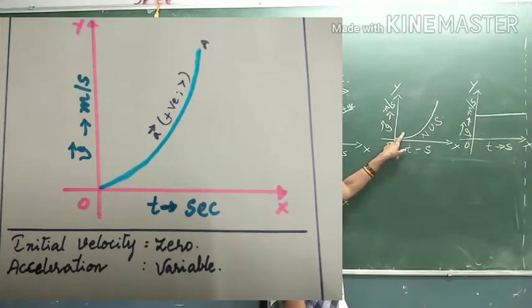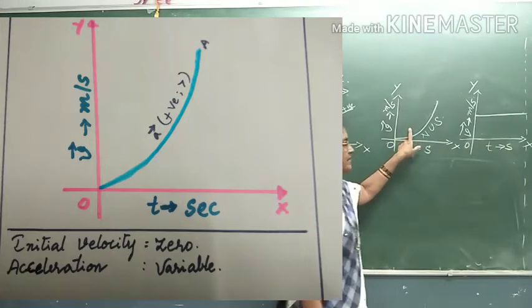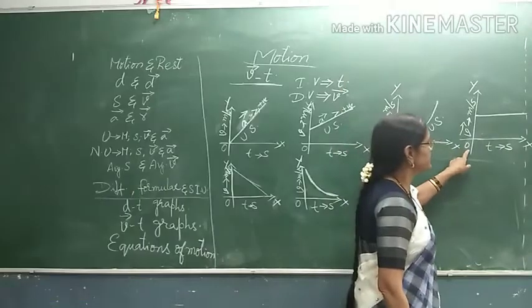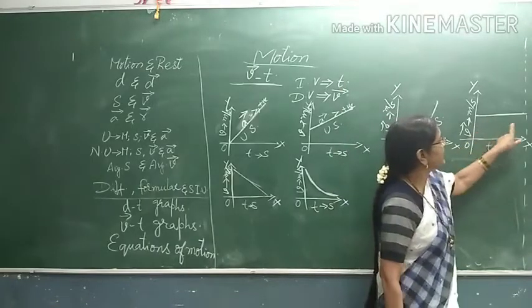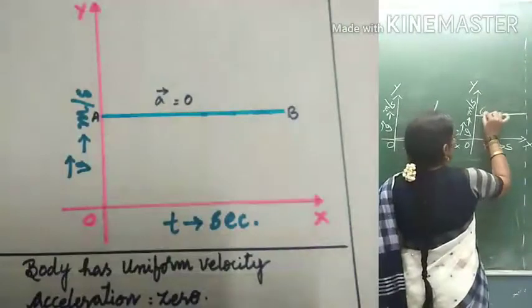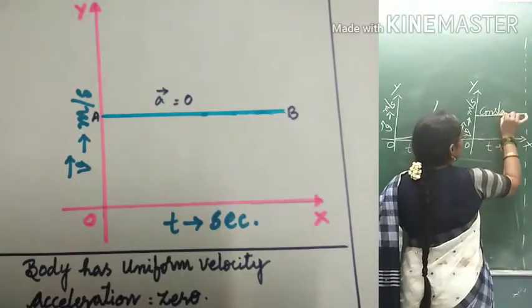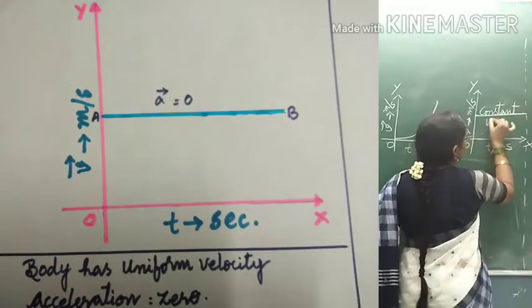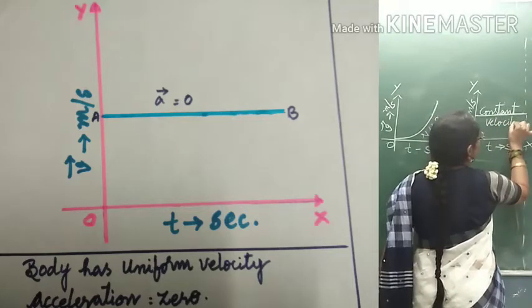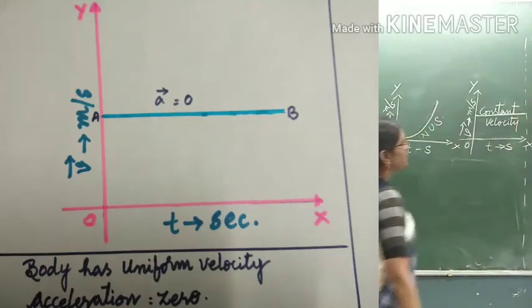So this is also positive acceleration, only acceleration goes on increasing here. Next graph, when it is parallel to the x-axis, this is constant velocity. This is called constant velocity.